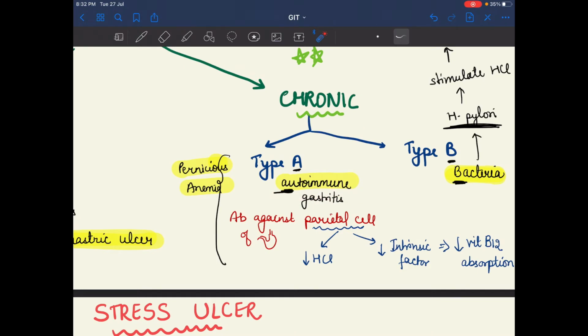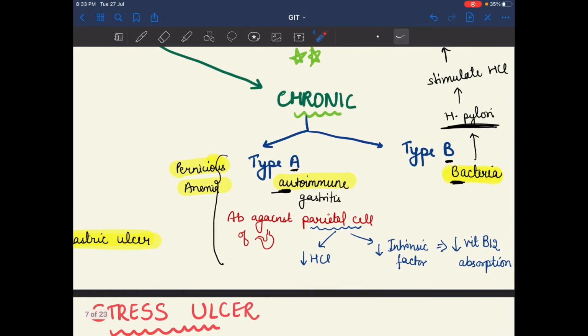As we know, the parietal cells secrete HCl and intrinsic factor, so if antibodies are produced against them, HCl and intrinsic factor levels decrease. Intrinsic factor helps in the absorption of vitamin B12, so if intrinsic factor decreases, vitamin B12 absorption also decreases. So this is type A autoimmune gastritis, or type A chronic gastritis, and in this pernicious anemia is seen because of decreased vitamin B12 absorption.